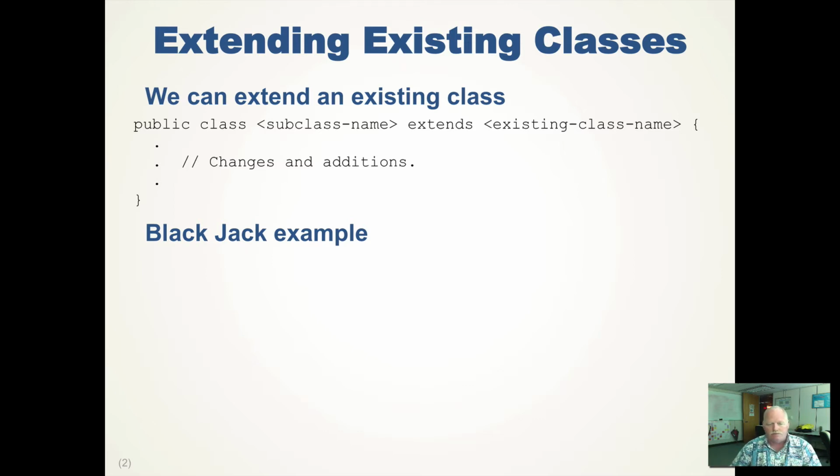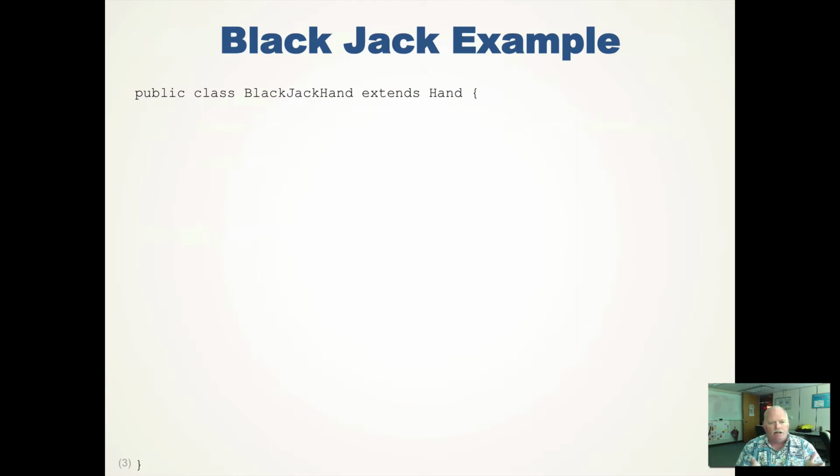So let's do a concrete example from last screencast. We had hands, so we want to give a blackjack example. We have a class, public class BlackjackHand, that extends Hand, and as you recall, a hand is like a card game hand. It has a bunch of cards in it, and so we want to create a subclass of Hand that knows about blackjack.